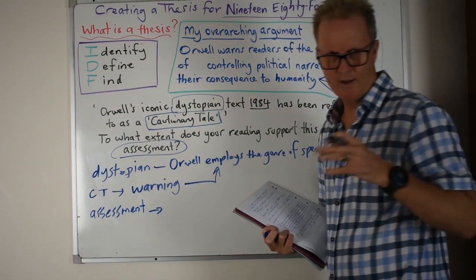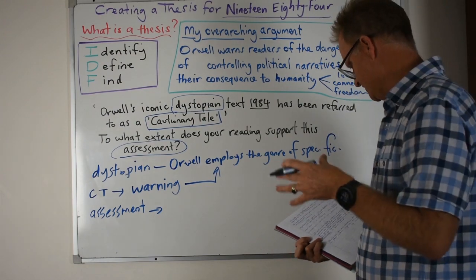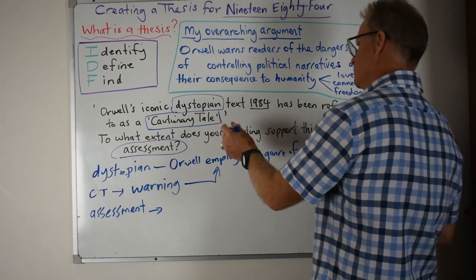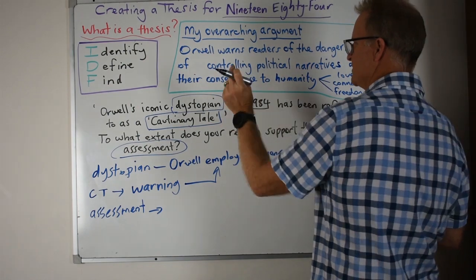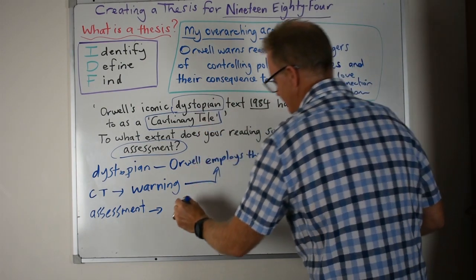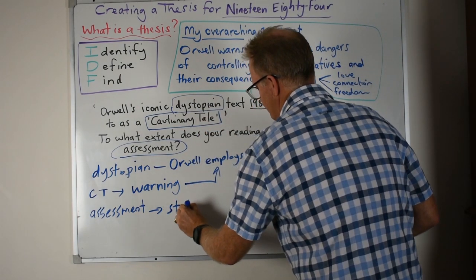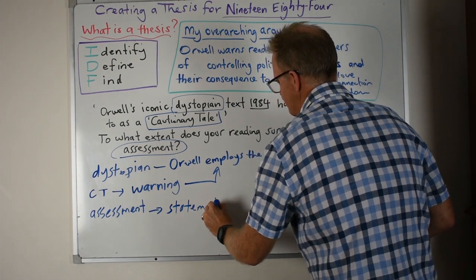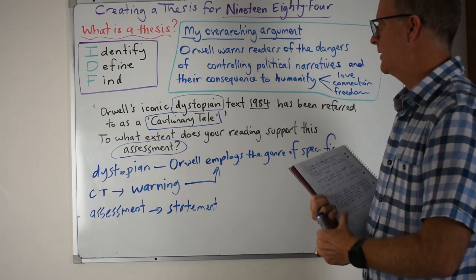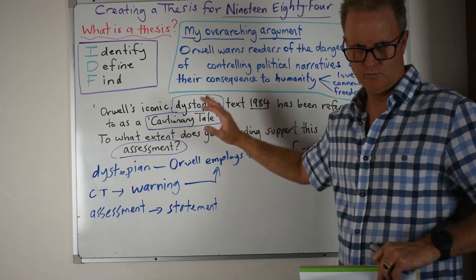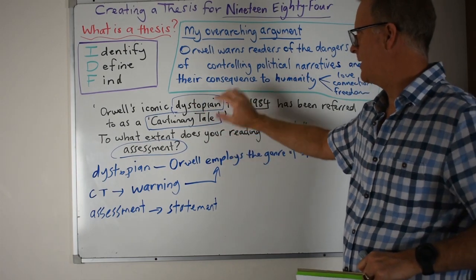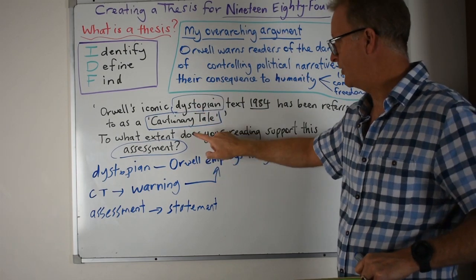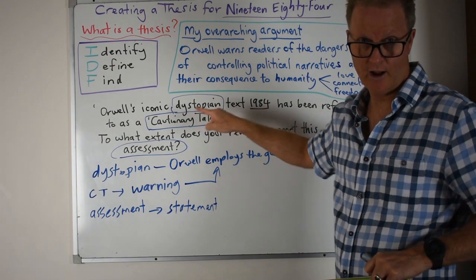It's not talking about an assessment task in this scenario. It's more, to what extent does your reading support this point of view or this statement? Okay, so I'll just put statement. So I think it's just important for you to say, okay, they're not talking about my assessment, they're actually talking about this quote up here. So the question is asking you to deal with that quote.